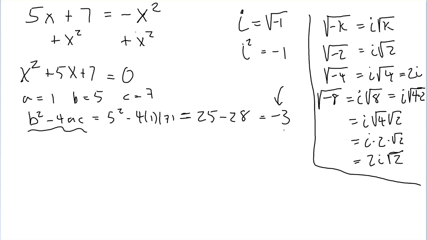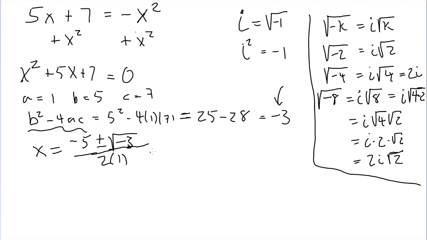All right, so let's write out the solutions according to the quadratic formula. x is negative b. What was b? 5, so -5 plus or minus the square root sign, with the discriminant underneath it, -3, and over 2 times a.